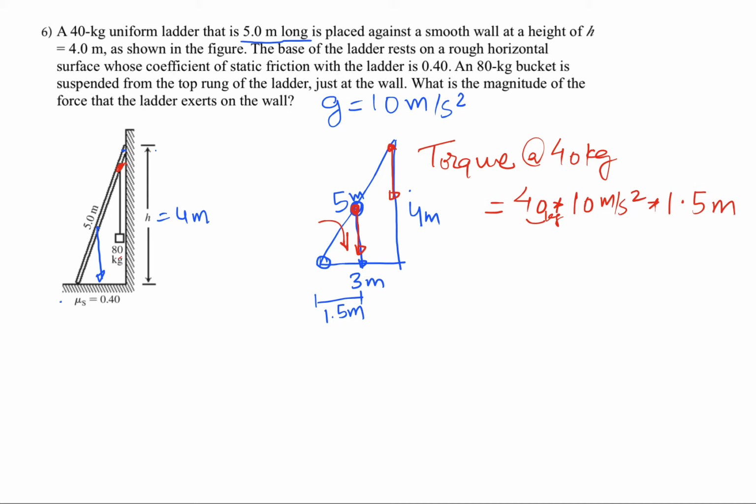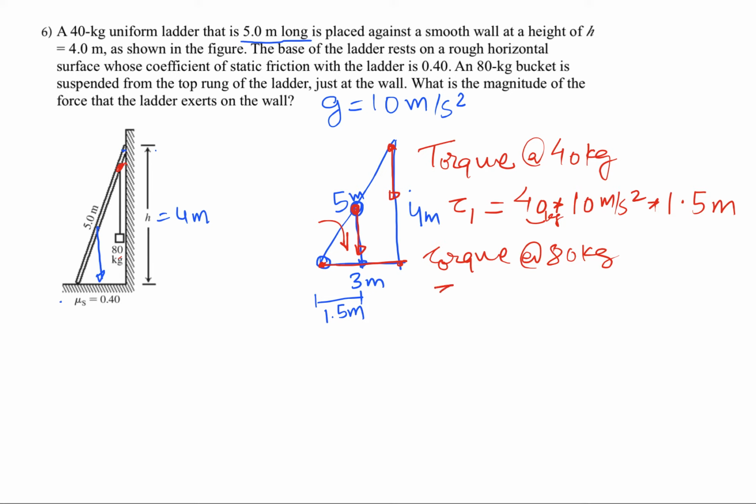Let me write that this one is tau 1, and the other one, the torque due to 80 kilogram, acts from this point of support over here. You can see that it's going to be acting 3 meter away. That's the perpendicular distance here, 3 meter away from the point of support.